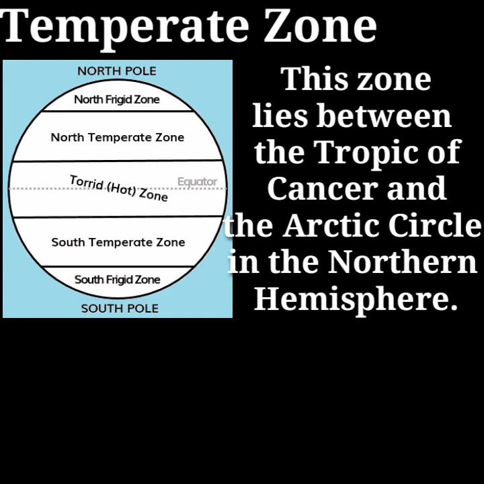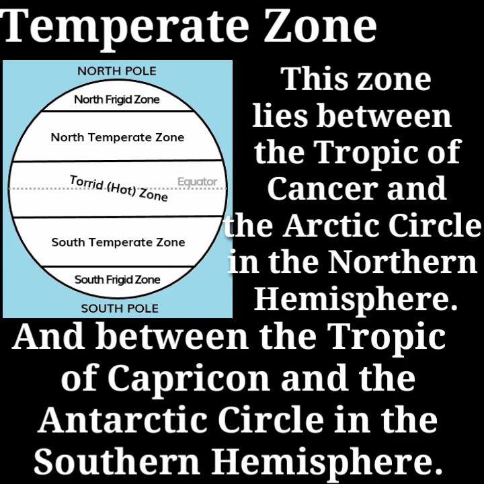Second is temperate zone. Temperate means moderate. That means neither very hot nor very cold. This zone lies between the Tropic of Cancer and the Arctic Circle in the northern hemisphere, and between the Tropic of Capricorn and the Antarctic Circle in the southern hemisphere.